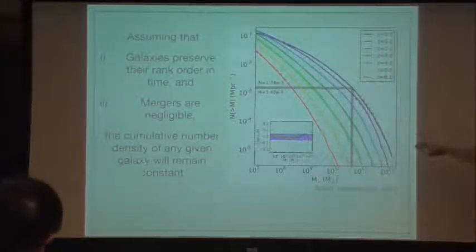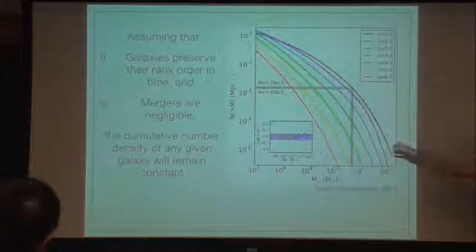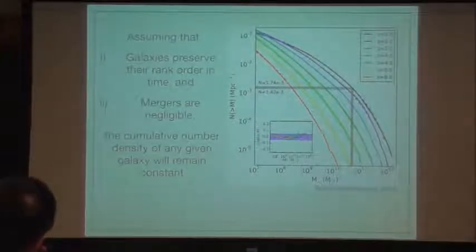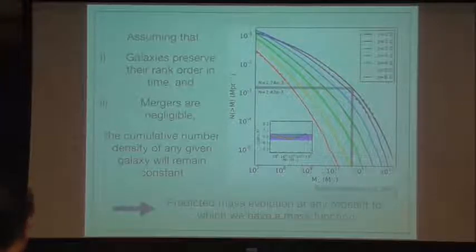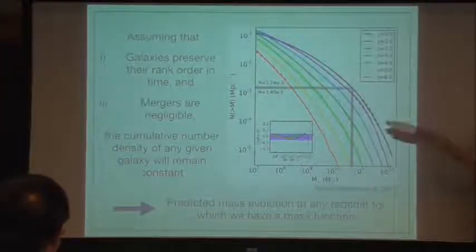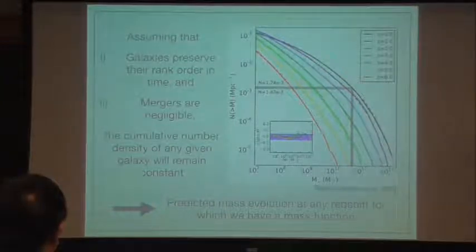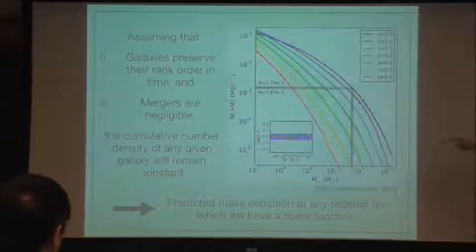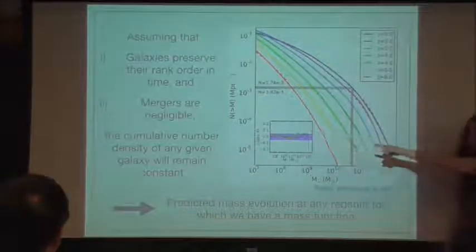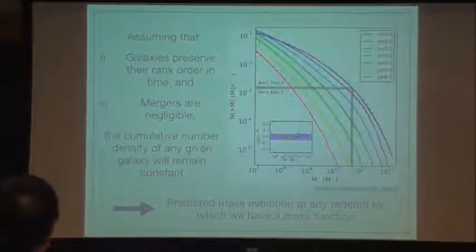If we make these two assumptions, then this assumption of a constant cumulative number density is valid, and so you can make a prediction about the mass evolution of this population. This is a fairly commonly used technique. But based on what I've shown you thus far, neither of these assumptions is really valid, at least certainly not at the high mass end.